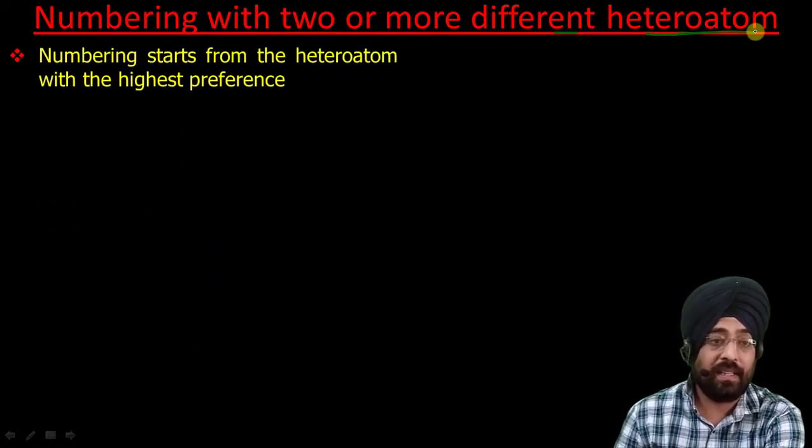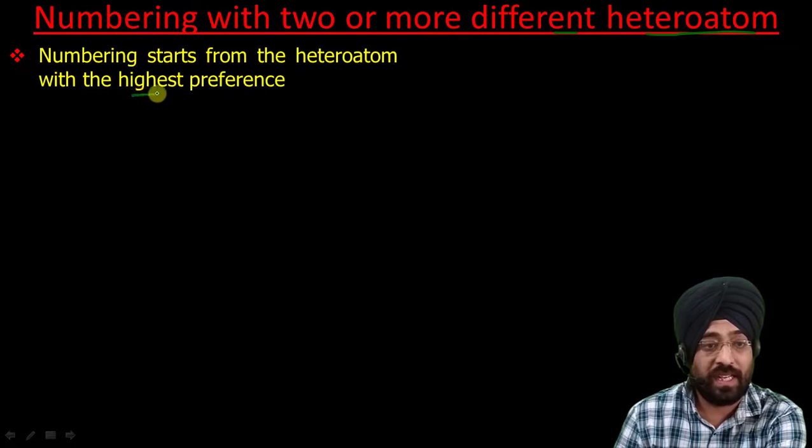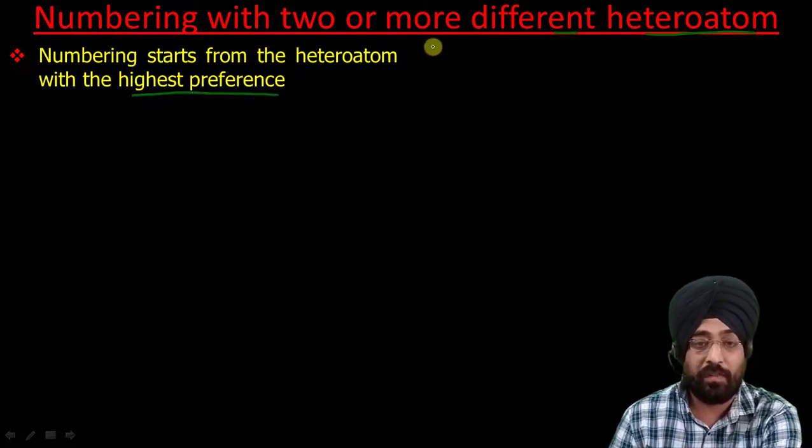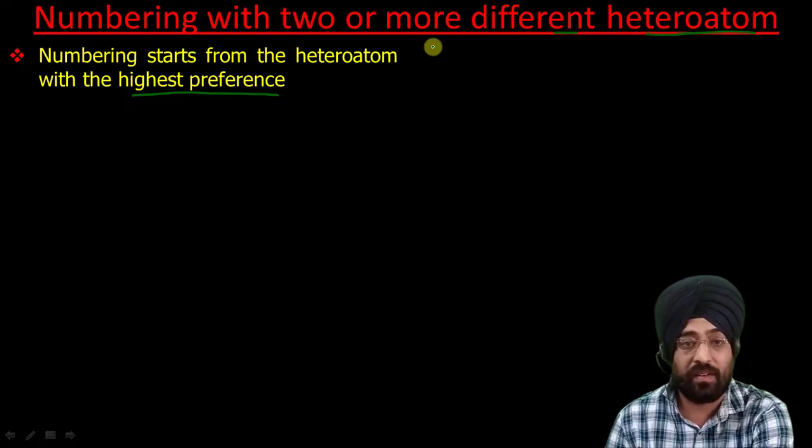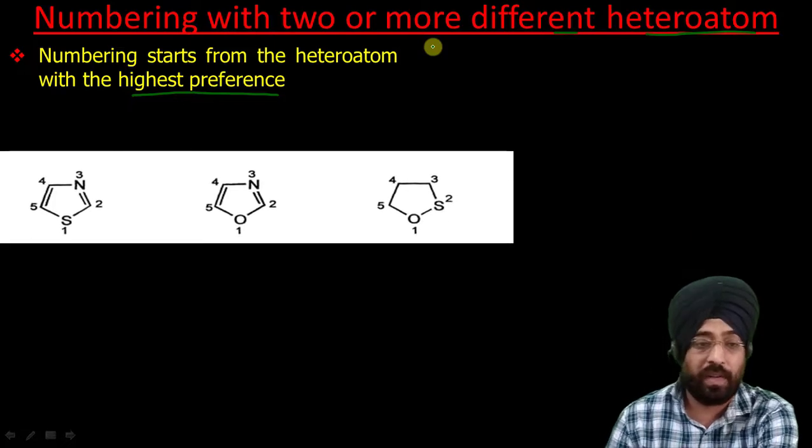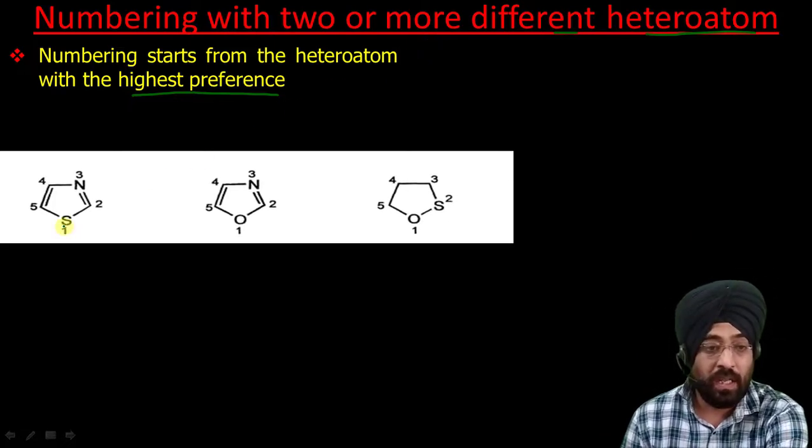In that case the numbering has to start from that heteroatom which has highest preference in that table. That I said, oxygen family has highest preference, then nitrogen family, then here comes carbon family, and then boron family. Now let us see this.